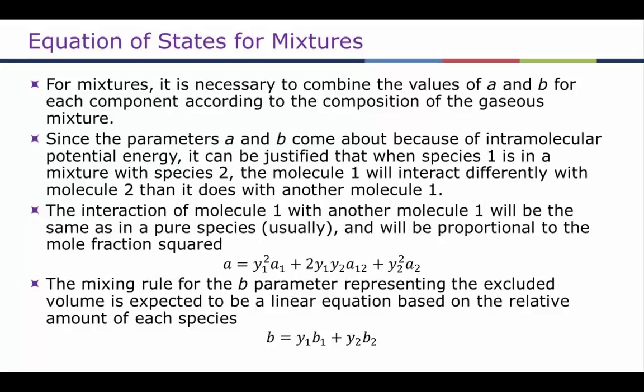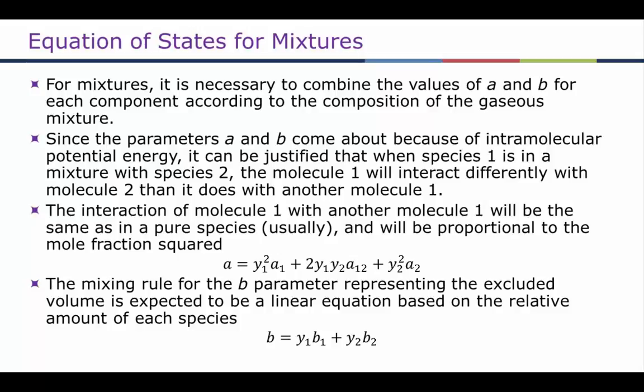The interaction of molecule 1 with another molecule 1 will be the same as the pure species, which we can assume, and that usually is the case. But the interaction between those two different molecules will be proportional to the mole fraction product.